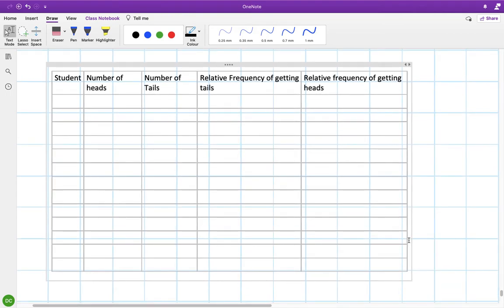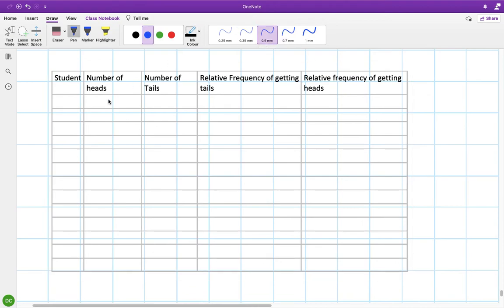Now, once that's done, we're going to all come together and fill this table out. So whoever the first student is in the class will give us their details and we put it into the first row. Okay? The second student will go into the second row and so on.